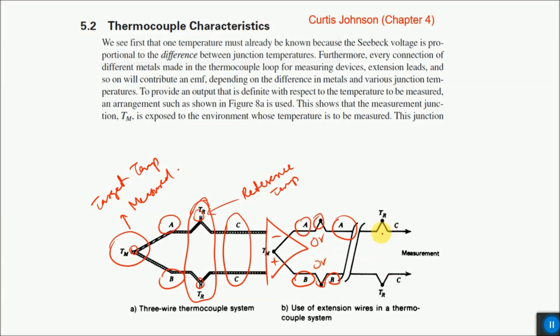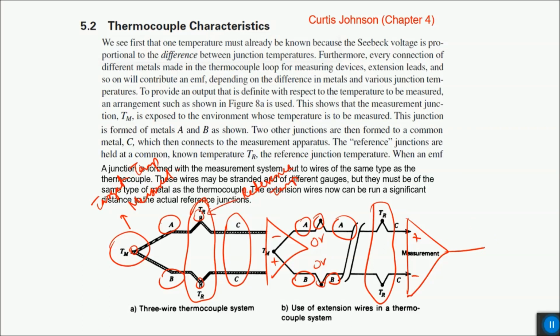Then your reference temperature is at the end of those junctions, held at a fixed, known temperature TR, the reference temperature, and then the third metal wires, made of material C, are connected to your differential op amp.